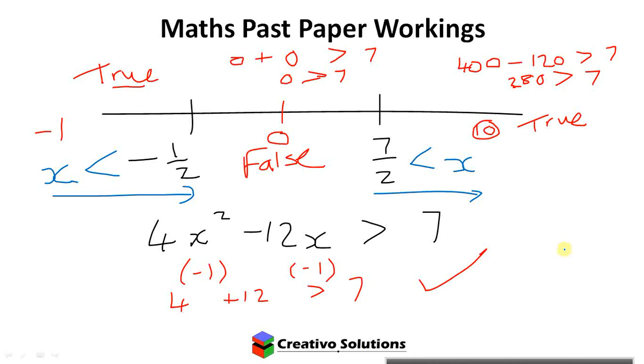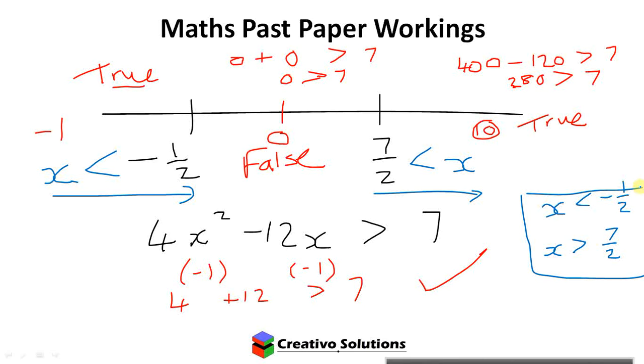Hence, find the values of x satisfying it. So final answer, if I write it neatly here: x less than negative a half, x greater than 7 over 2. That's the final answer. That's what they wanted. 2 marks.